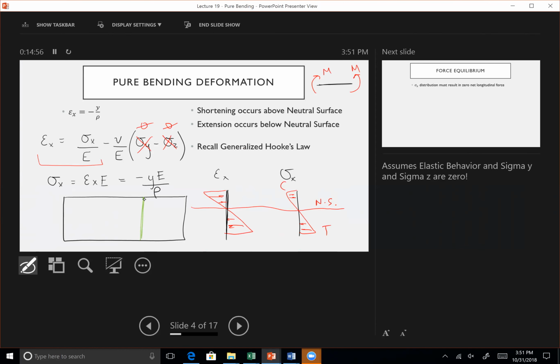So if you wanted to know the strain at the top, it would be this negative y over rho value. At the bottom, it'd be negative y over rho, and then it would linearly vary in between. And same thing for stress, except it now is negative Ey over rho.